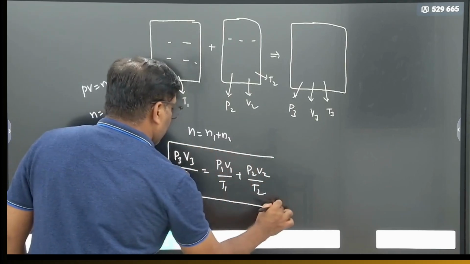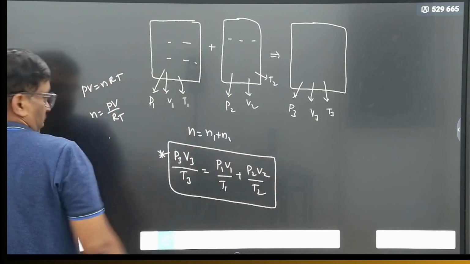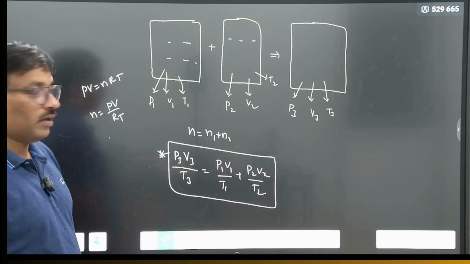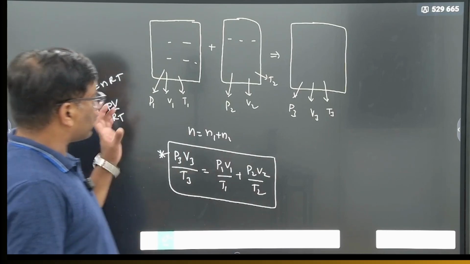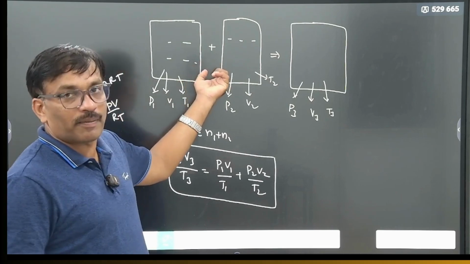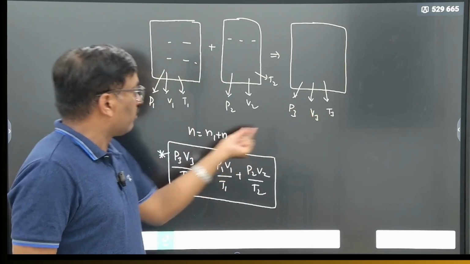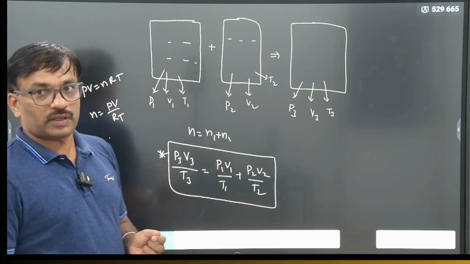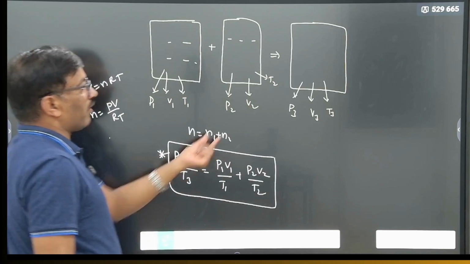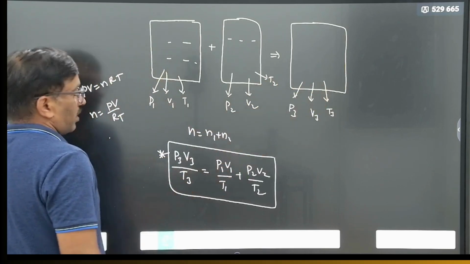Like this you can calculate it. So that is about the mixture of gases. Sometimes, if these two are combined with a small pipe, V3 is nothing but V1 plus V2. Clear? The final volume V3 also you need to calculate.